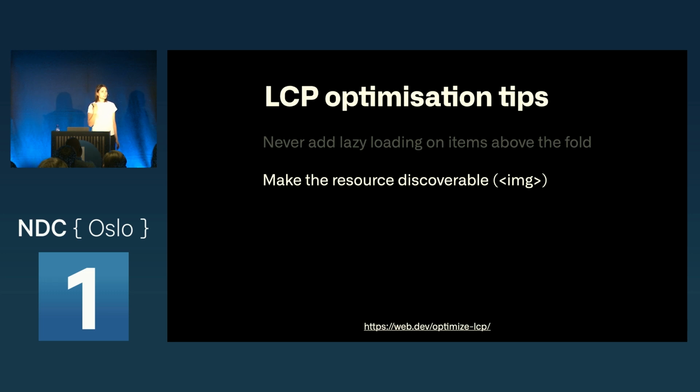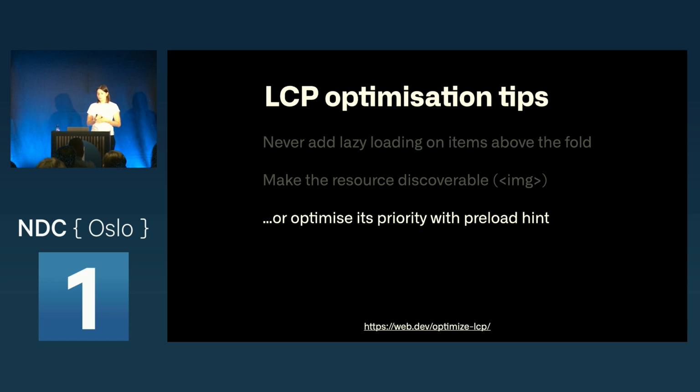So if it's a picture, then the best is to just use an image tag. If it's not possible to use an image tag, you want to optimize its priority using a preload hint or the fetch priority high hint. So basically, you want to make sure that this image, if it's, for example, a background image, also gets downloaded as fast as possible to be shown to the user.